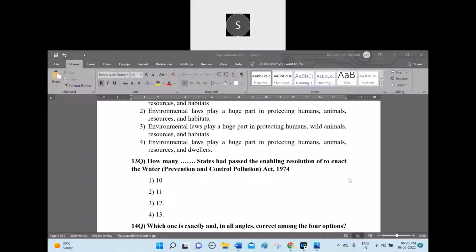Which option is correct? No idea, sir. Shoot, there is no negative marks. Guess 12 states. 12.